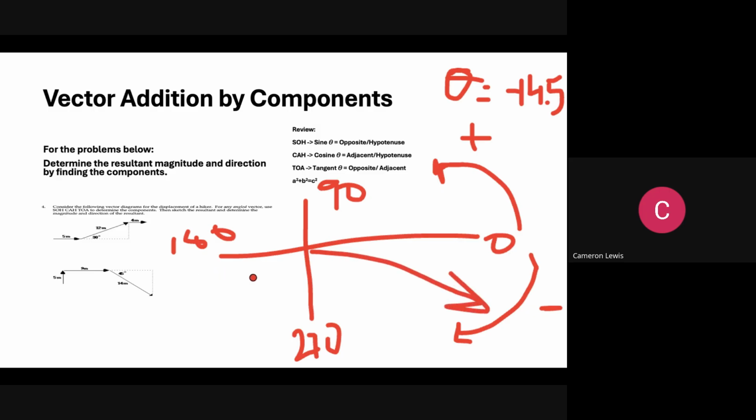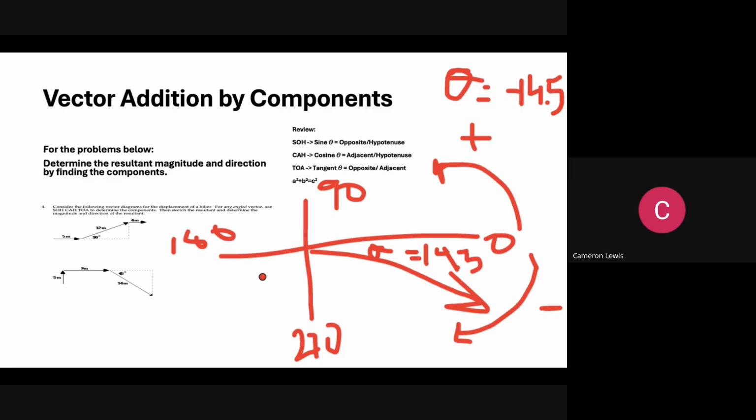This would be negative. So now this angle right here is negative 14.5. I didn't put the negative sign, just tried to squeeze it in there, right? But I basically just started from here and went the opposite way and got 14.5 here. Because if I would have gone positive, it would be 14.5 here. But I put negative.